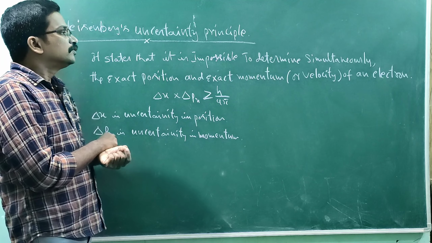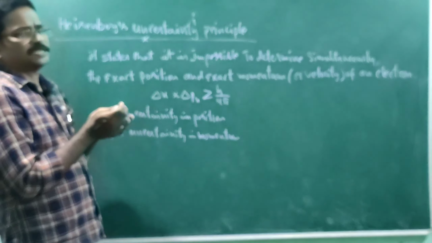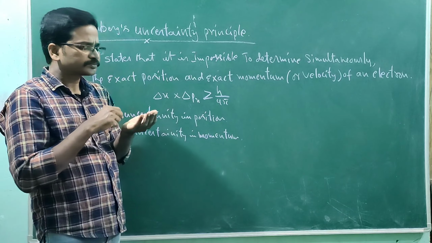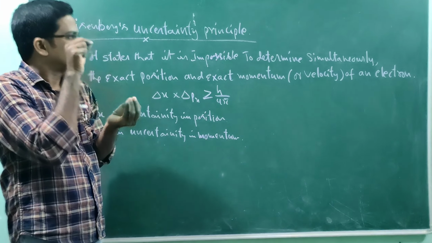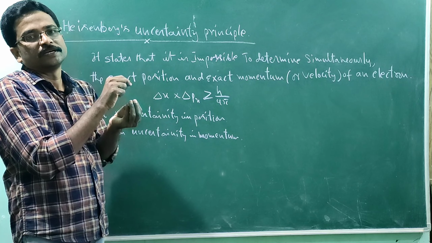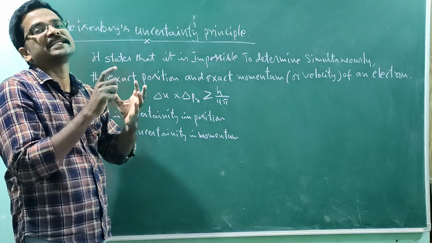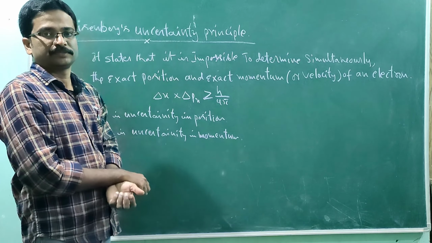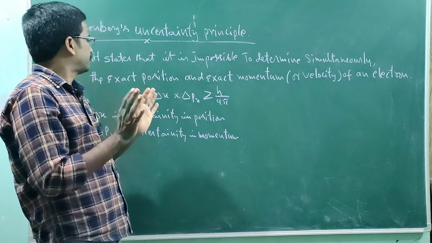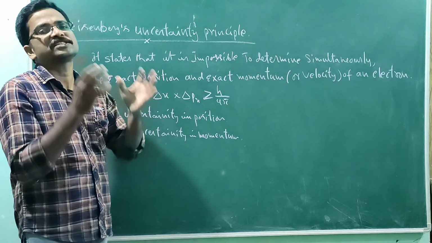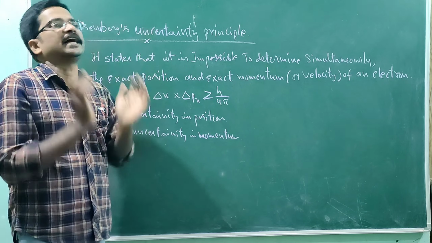Okay, if you see an atom, the exact position and velocity cannot be determined simultaneously. At a time, we cannot determine the position and velocity of an electron in an atom.